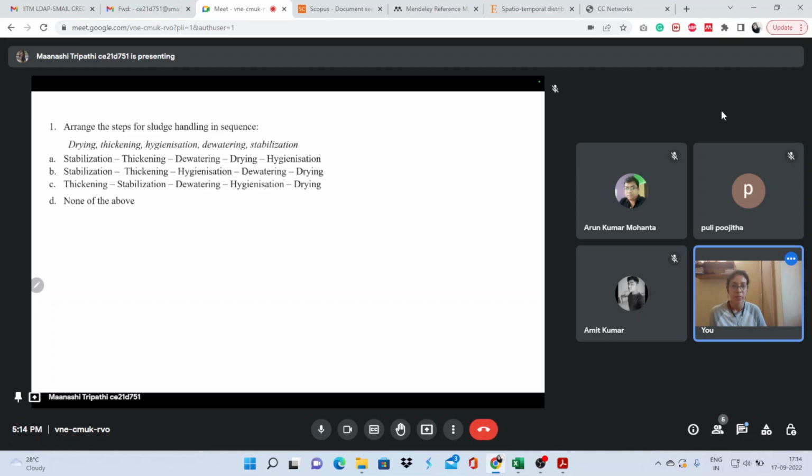So these two things are very important: volume reduction and no pathogens, and no smell. It should be clean and hygienic. That's all we require, so that we can use that sludge further, or we can just dump it somewhere. We don't want any environmental loss.